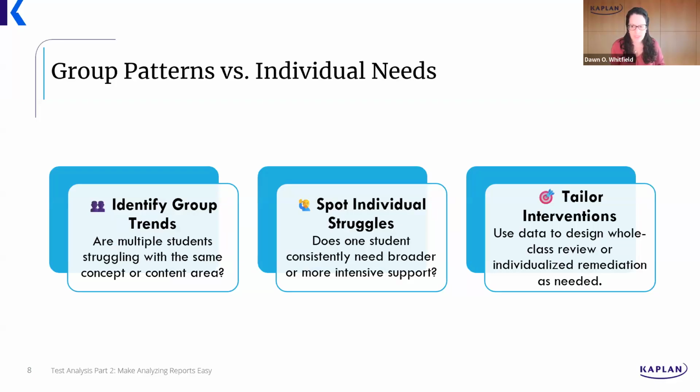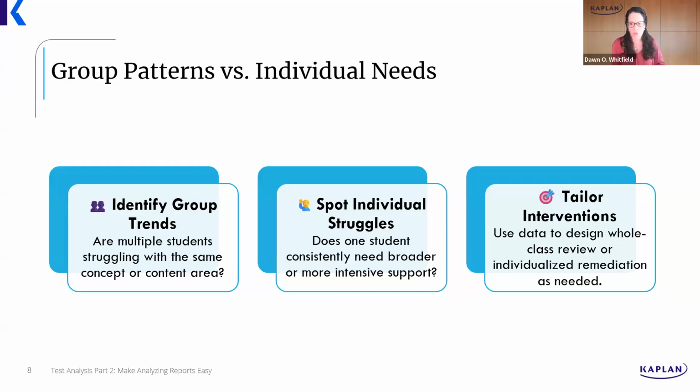Test data not only shows us how each student is doing, it also reveals patterns across the group. Our goal is to respond accordingly and appropriately to both levels. We want to identify group trends. If several students are missing the same type of question, it might indicate an instructional gap or an unclear test item. This is a signal to reteach or review that content for the whole class. Spot individual struggles.